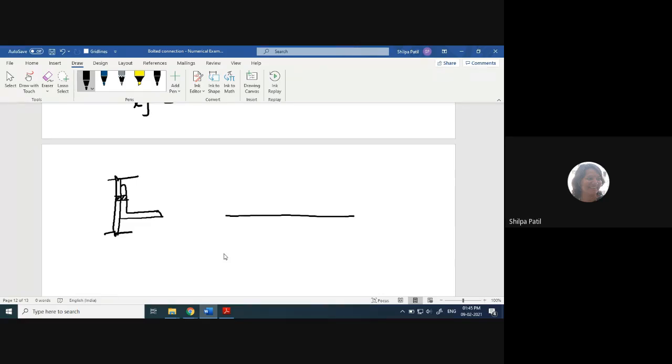Now I have to draw the elevation also. This is the total width of the angle section. The leg thickness will be visible, and this is the outstanding leg. And the bolts are connected somewhere here like this.